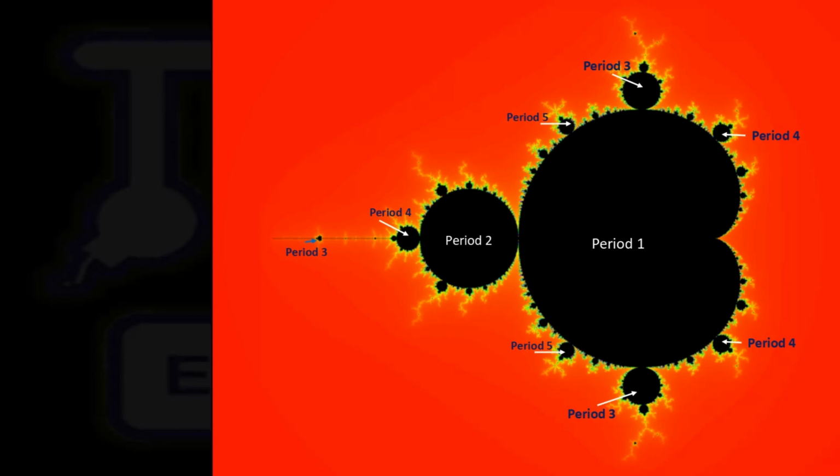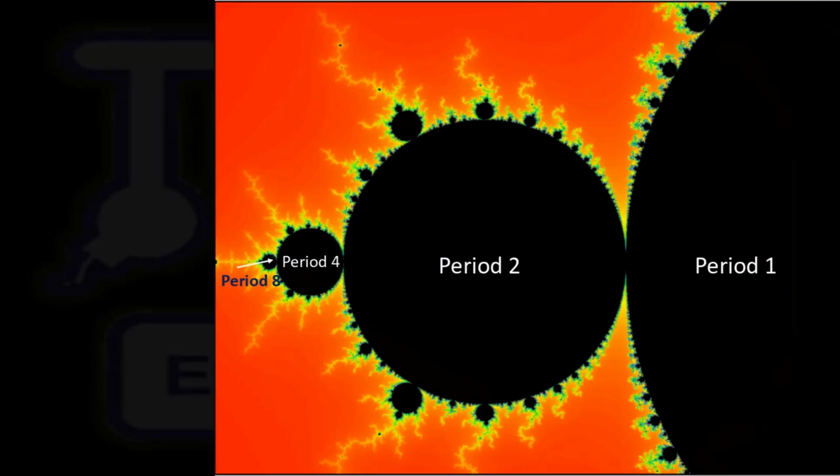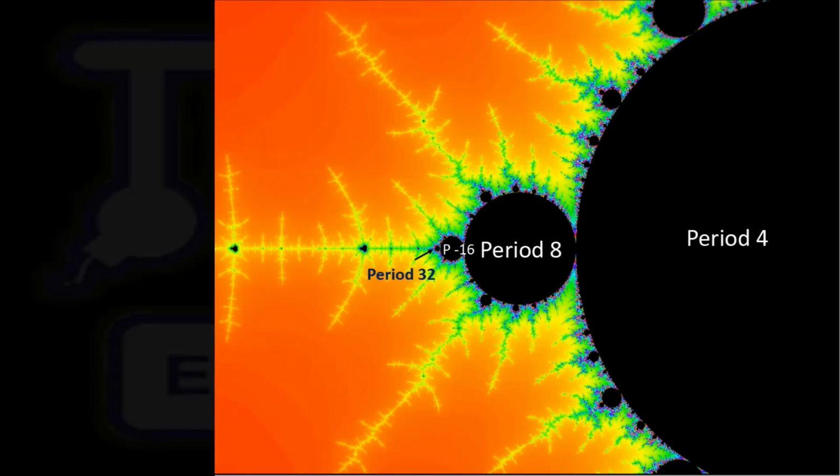We can notice that if we move on the negative real axis, we get regions of double period. So if we zoom and explore further, we will again find regions of double period like 2, 4, 8, 16, 32 and so on up to infinity. This phenomenon is called the doubling cascade.